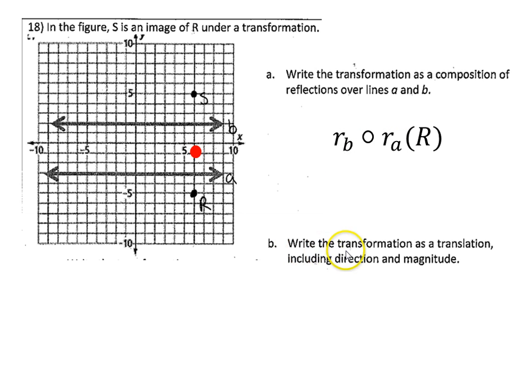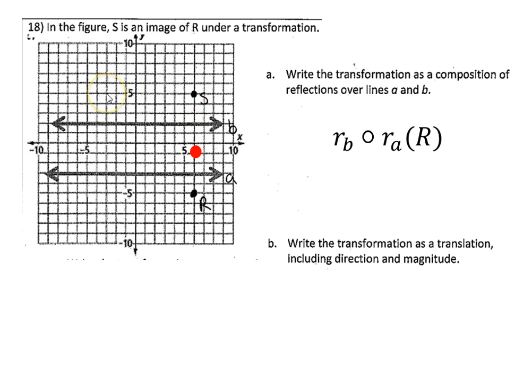If we were to write this transformation as a translation, including direction and magnitude, that's a vector. So if we're starting at R, and we're just going to move it as a translation, how did you move R to get to S? Well, we just moved R up. How many did we move it up? We didn't move it any left or right, so the horizontal movement is 0, and we moved it up, and we could just count: 1, 2, 3, 4, 5, 6, 7, 8, 9, 10.